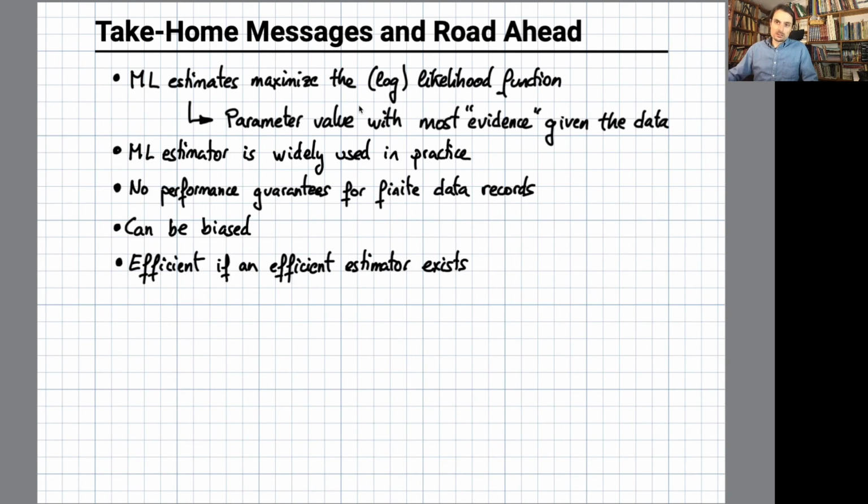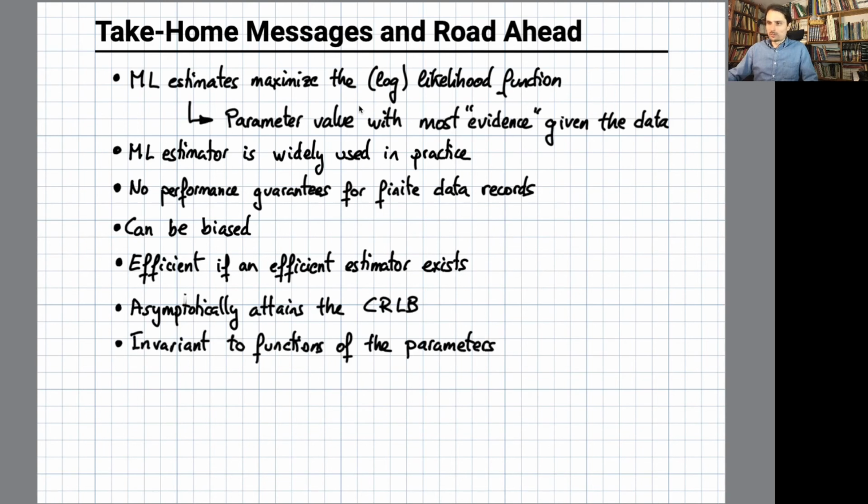However, on the good side, it is efficient whenever an efficient estimator exists under broad conditions, and asymptotically attains the Cramer-Rao lower bound.